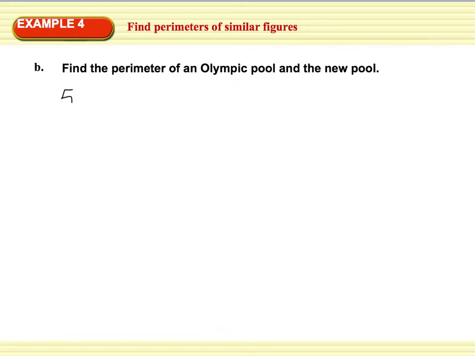Okay, remember the Olympic pool is 50 by 25, my bad. This is length by width, and the new pool is 40 by, we'll say W, okay, length by width.